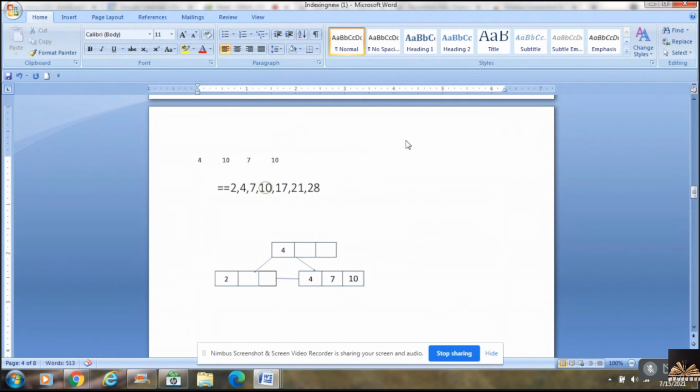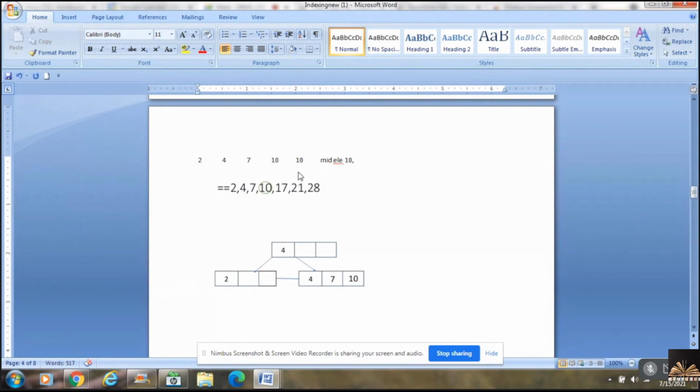Now, what are the middle elements? 2, 4, 7, and 10. I forgot 2.